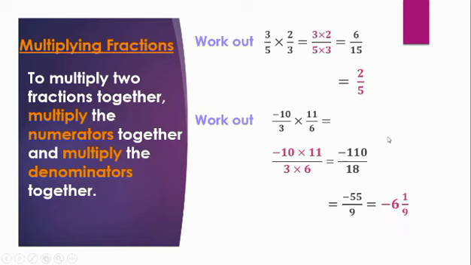For more simplification, we can divide the numerator and the denominator by the number 2, which is the highest common factor between the top number and the bottom number, to get negative 55 over 9. And for more simplification, I change the improper fraction into a mixed number by long division. Inshallah, in the next video I will show you how to change from improper fractions to mixed numbers and vice versa.